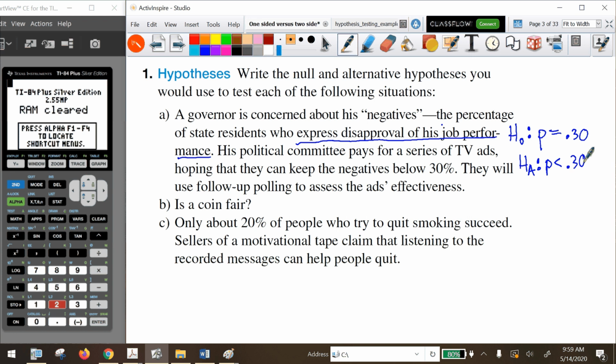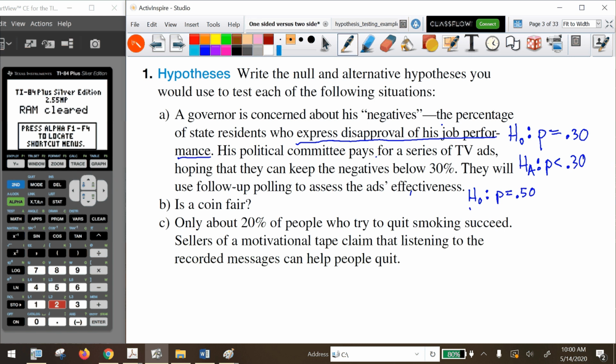All right, another situation. Is a coin fair? If you were checking to see if a coin was fair, you'd have to check to see if the proportion of time it lands on heads is equal to the proportion of time it lands on tails. Let's just choose one of them. Let's say we'll let p be the percent of time it lands on heads. So our null hypothesis is that the percent of time it lands on heads is the normal thing that you would expect, 50%.